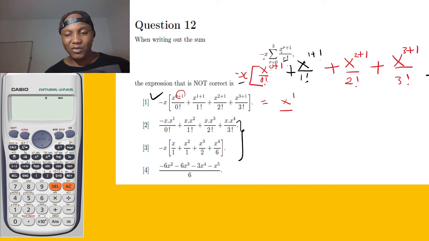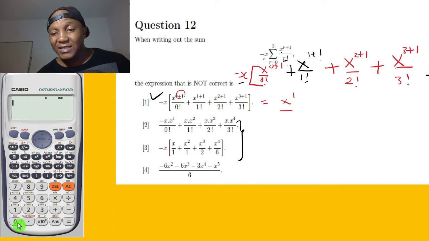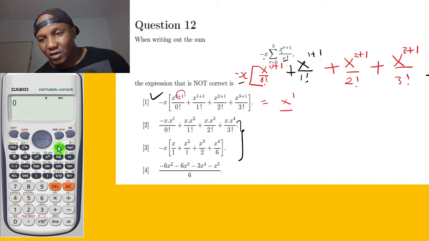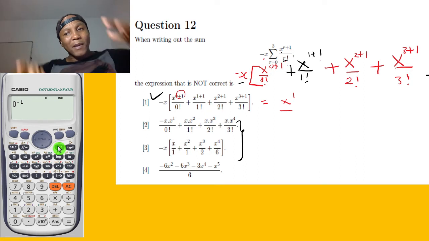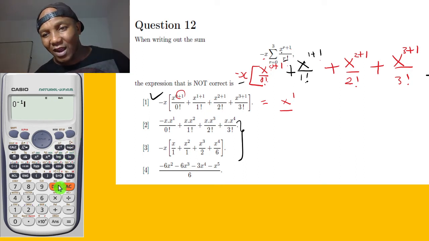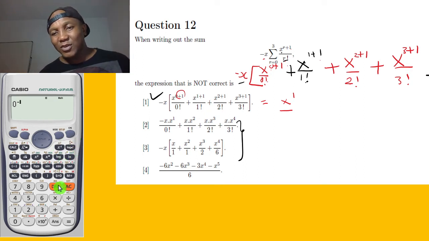So how do you know 0 factorial equal to 1? Look, 0 factorial equal to 1. I'll show you. 0, then shift, then factorial. My calculator starts acting up. Okay, let's just cancel everything. 0, shift, factorial.